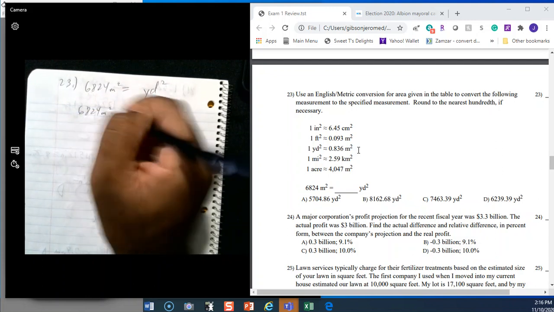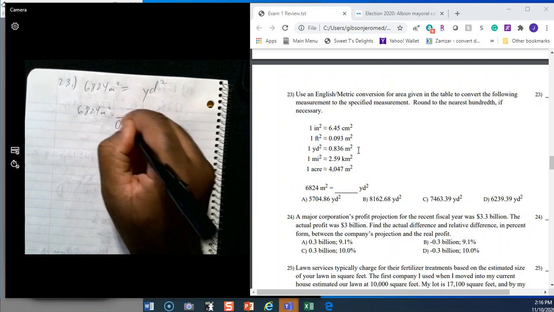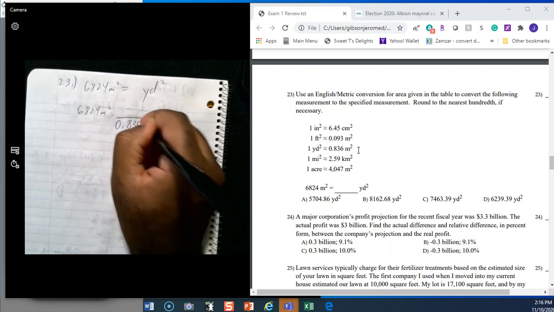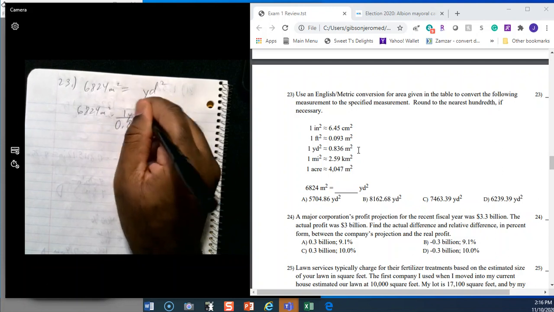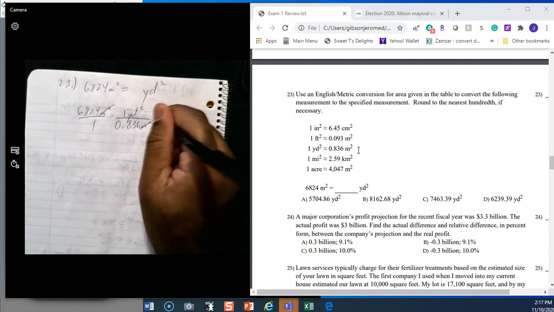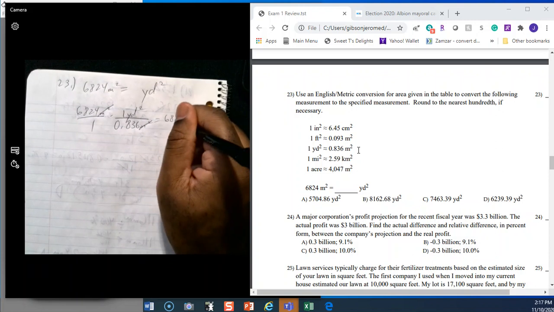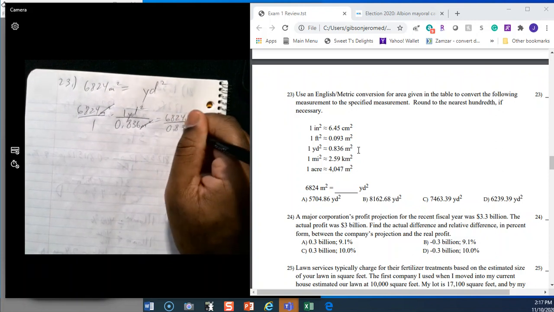So we want to change these square meters to square yards. The square meters will go in our denominator, and the square yards will go in our numerator, so the square meters will simplify each other out. So you have 6,824 square yards all over 0.836.